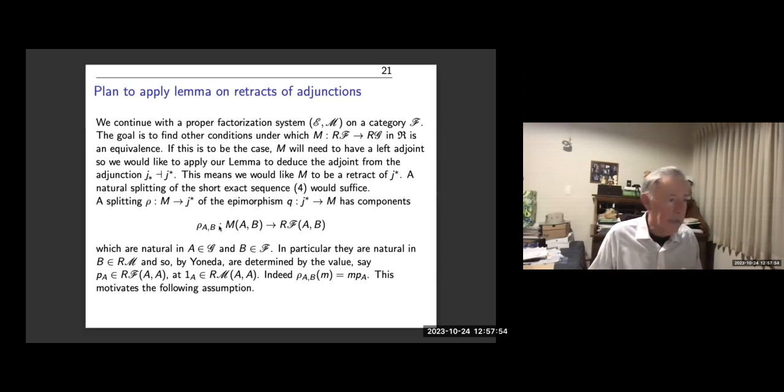Then you can recapture the rho later once you've got the idempotent by this formula here. The rho AB of M is just M composed with PA. So we're just using Yoneda's lemma to say, if I want a splitting like that, then I need this idempotent PA. Okay, that's a bit of motivation, I hope.